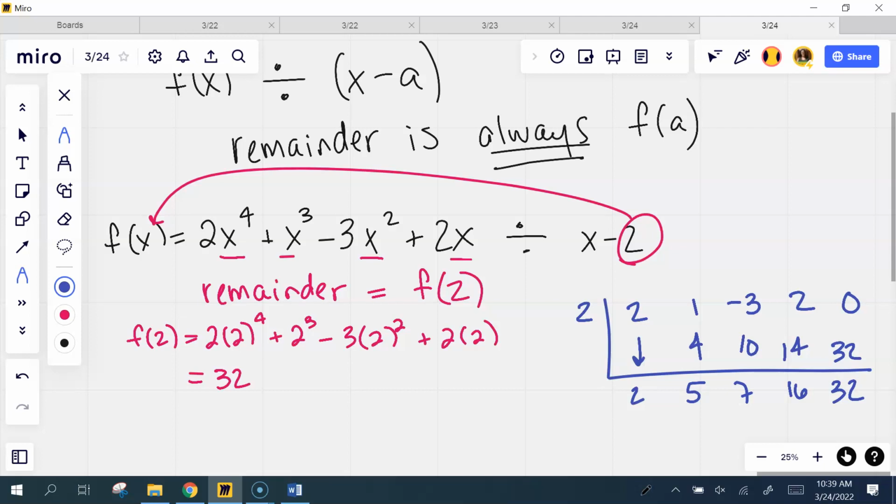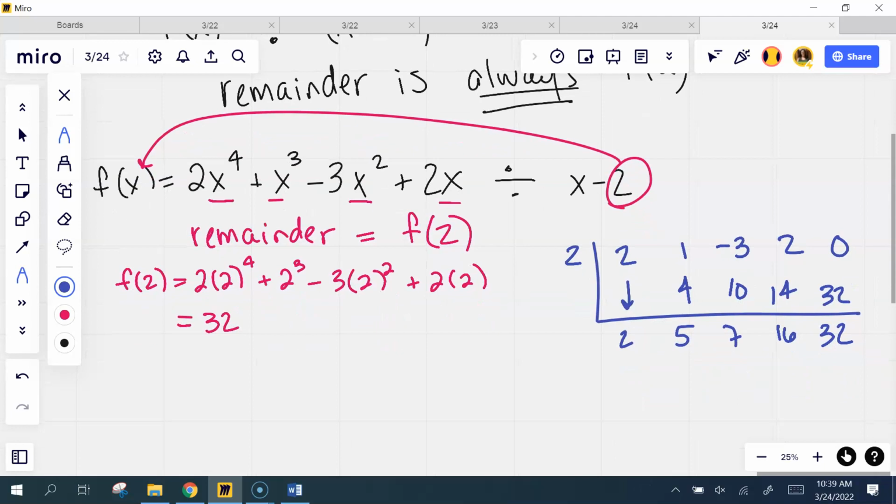What do you notice? It's exactly the same. So what I could do instead of dividing is I could just plug in and find the remainder. Does that make sense to you now? Do you see what I was trying to get to there? A little bit? Okay. We're going to do more of these as we go through this.